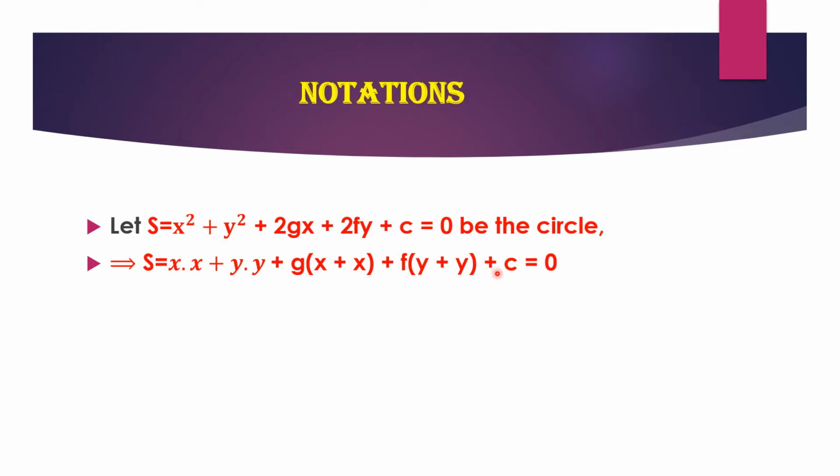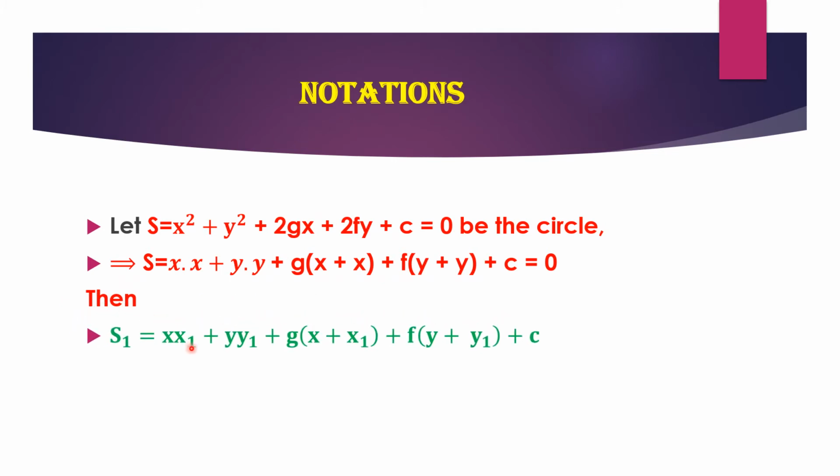So in the second terms, x and y will be replaced by x1 and y1, that is denoted by S1. Therefore, S1 equals xx1 plus yy1 plus g into (x plus x1) plus f into (y plus y1) plus c.